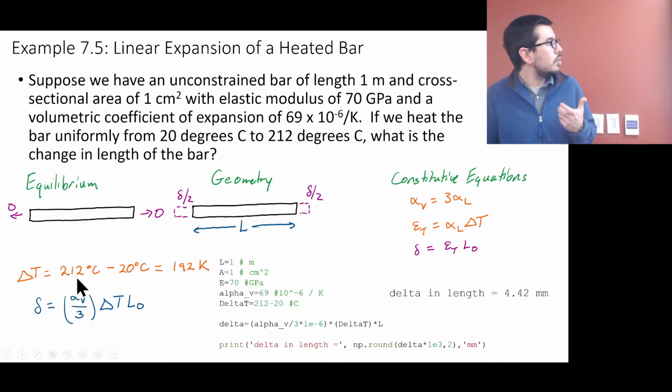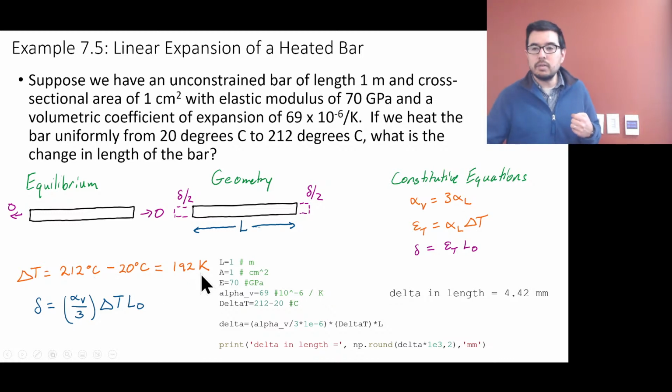We're going to go up to 212 degrees Celsius from 20 degrees. So there's a change of 192 degrees Celsius or a change of 192 K, either way. Don't worry about that 270 whatever conversion between Celsius and Kelvin.